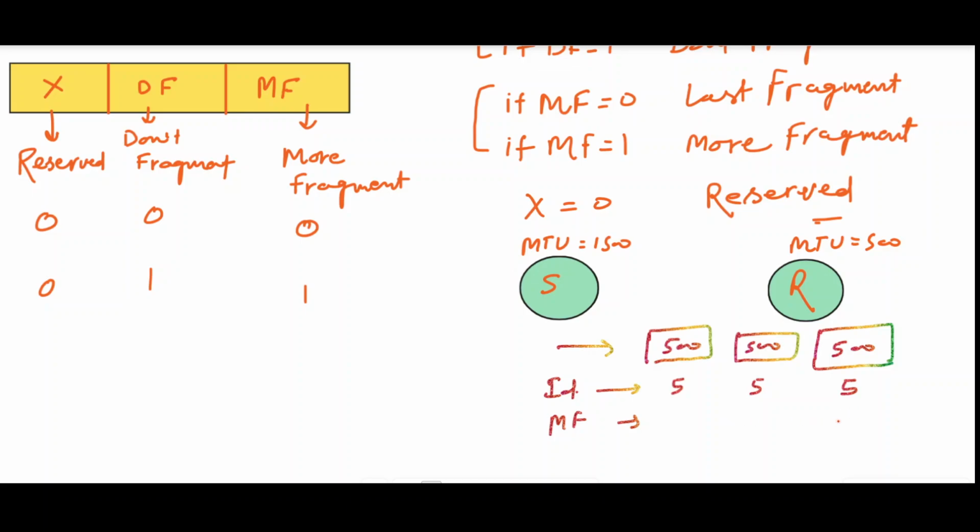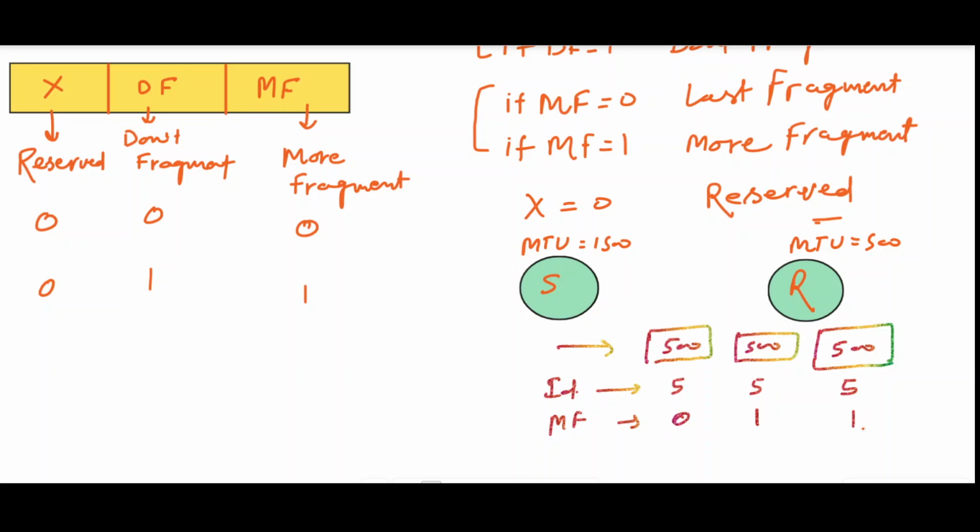So if more fragment is set to 1, that means MF is 1, that means we want more fragments. That means there are fragments available, and here the second fragment will also be 1. Clear? Now no more fragments are available, so we can say this field should be 0.